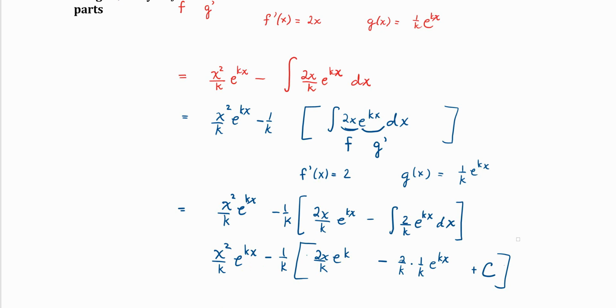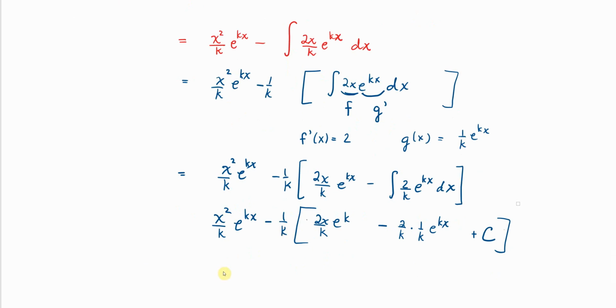All right. And then let's see what we can do here. We can distribute and maybe clean all of this up a little bit better. So I get x squared over k e to the kx. We can distribute this 1 over k, so minus 2x e to the kx, oh, there should be an x here, all of this over k squared.